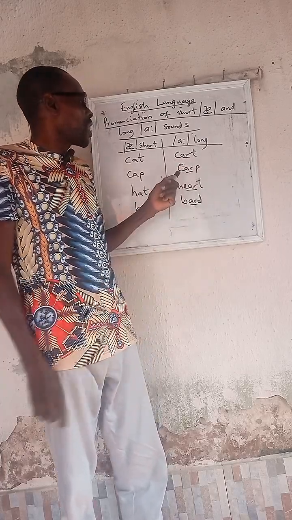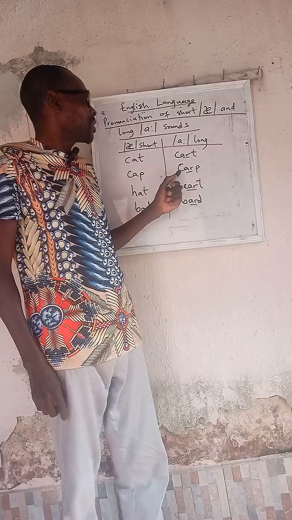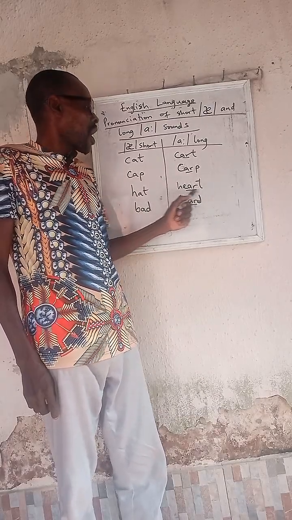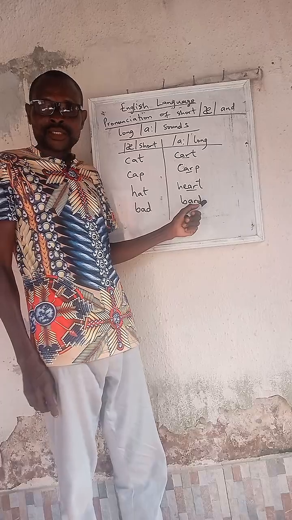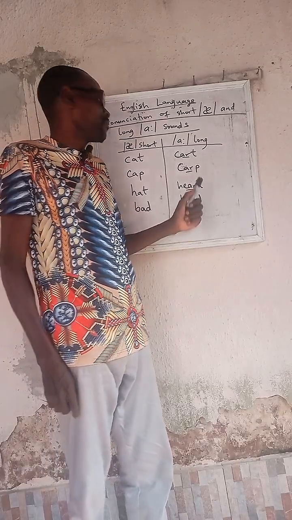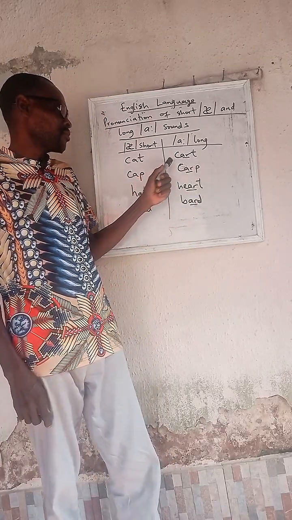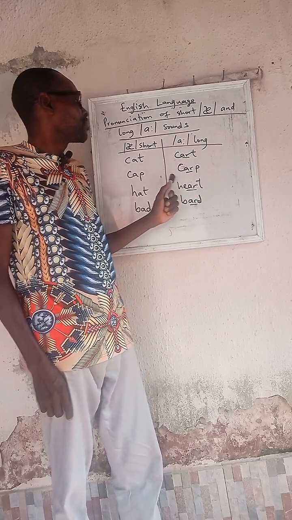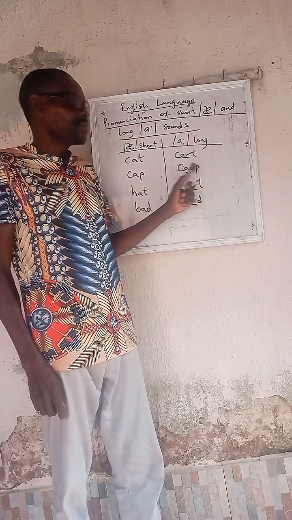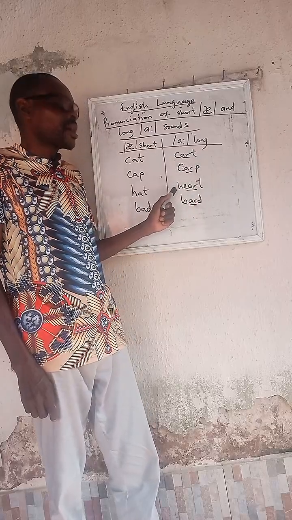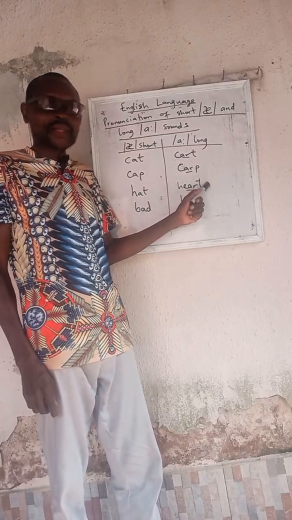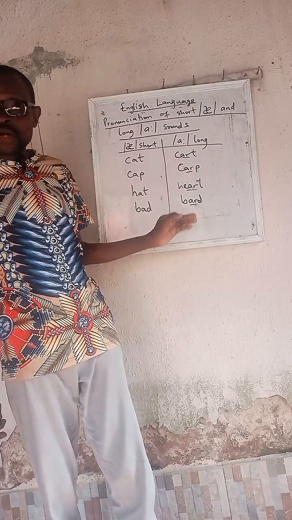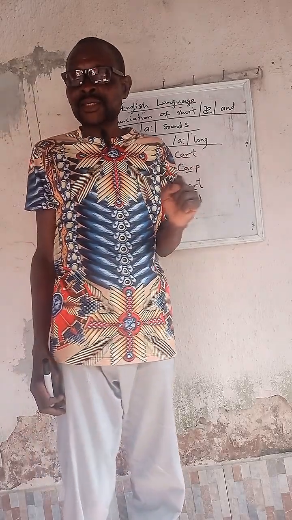Cart. Heart. Bird. Now let's go over it again. Cart, heart, bird. So these are the long R sound.